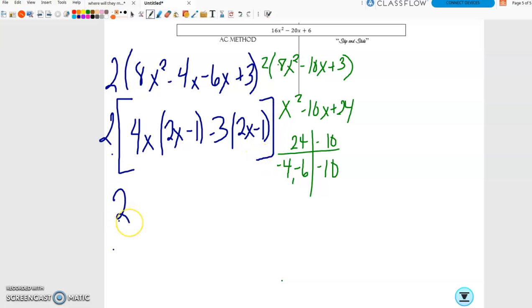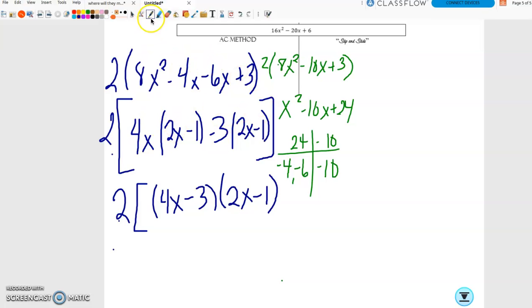So then our last step for AC method is going to be 4x minus 3 and 2x minus 1. We're just going to put that 2 as a factor a little bit closer to our parentheses.